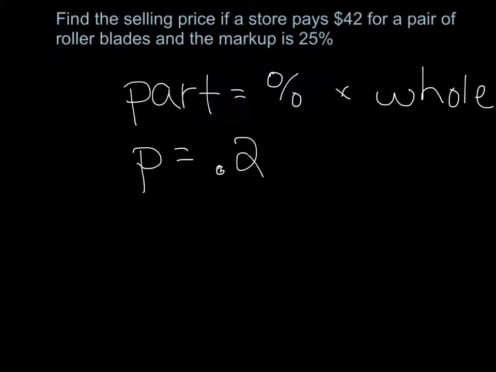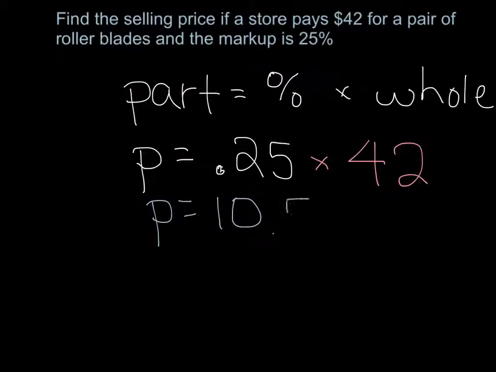So let's write that as a decimal of 0.25, and it is of the whole, which is $42. So if you multiply those, you get P equals $10.50. But that's not how much they paid.